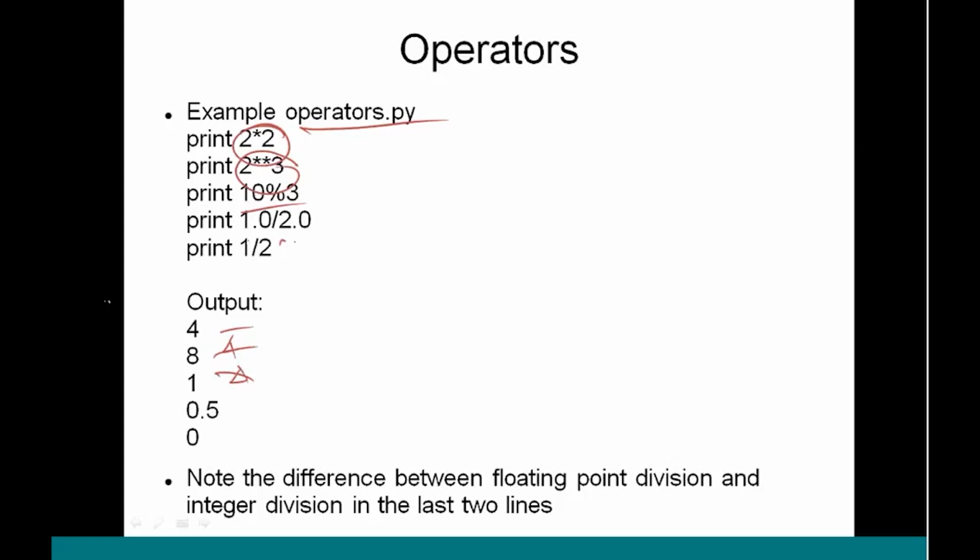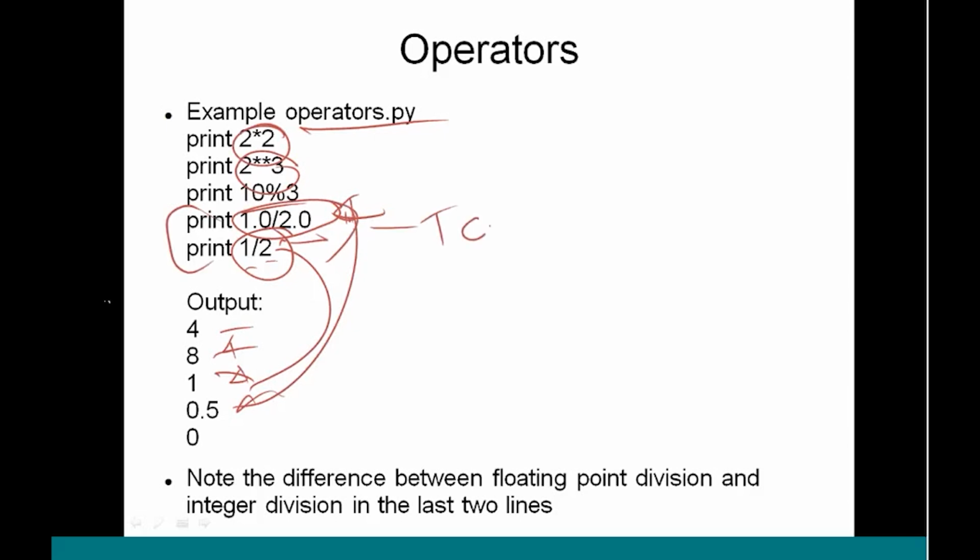Now if you print 1.0 divided by 2.0, this is something that we saw in Tickle. This is a floating point, so the result is 0.5. But if you do 1 divided by 2, that's still treated as integers, so the result is 0. This is exactly the same as what we saw in Tickle as well. So in that sense, it behaves like Tickle.